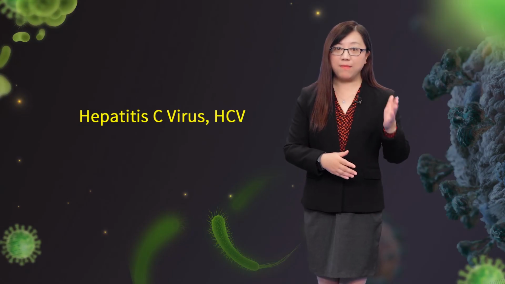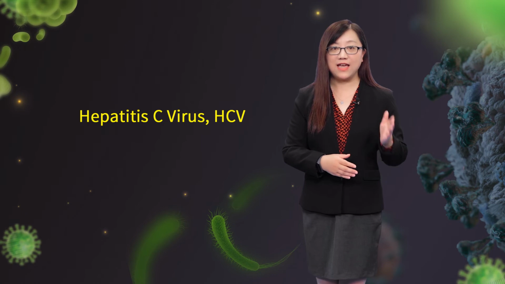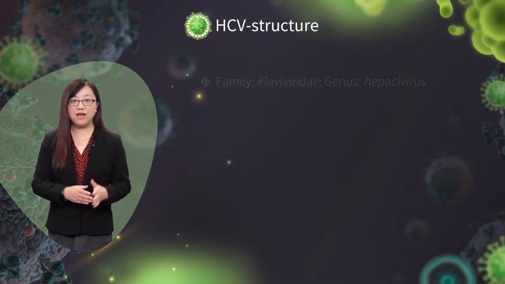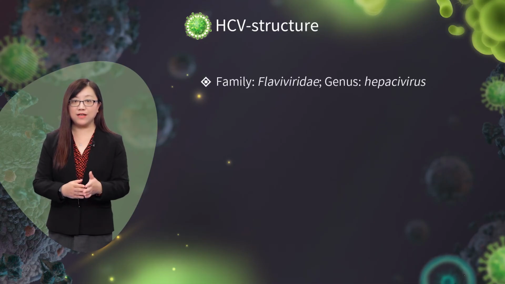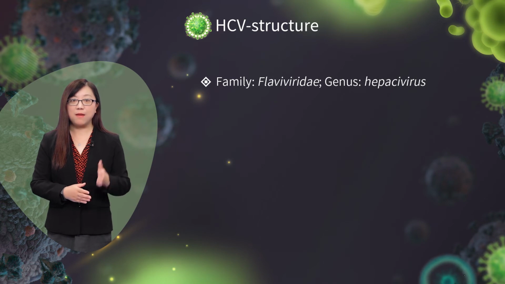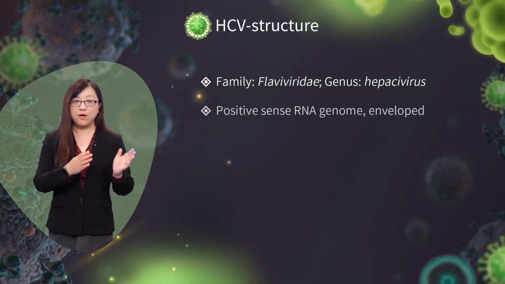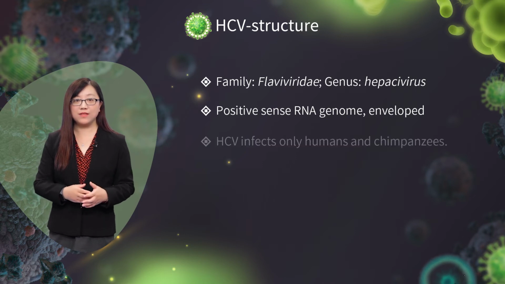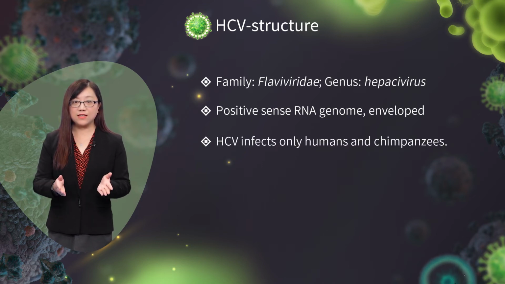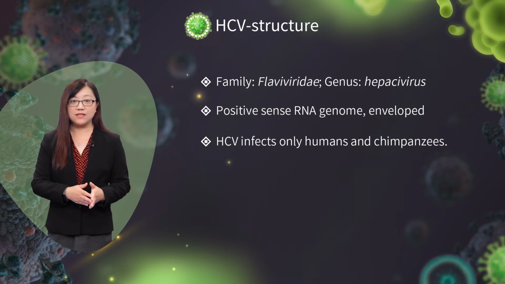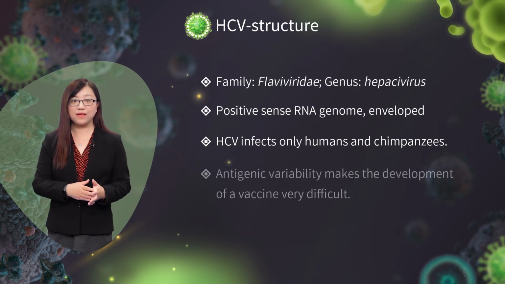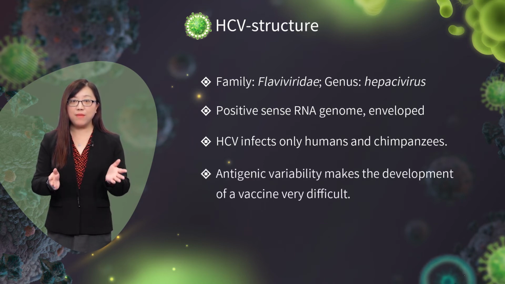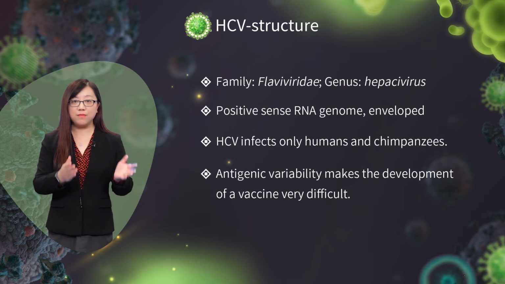Next one is hepatitis C virus, HCV. Family, Flaviviridae. Genus, Hepacivirus. Positive sense RNA genome, enveloped. HCV infects only humans and chimpanzees. Antigenic variability makes the development of a vaccine very difficult.